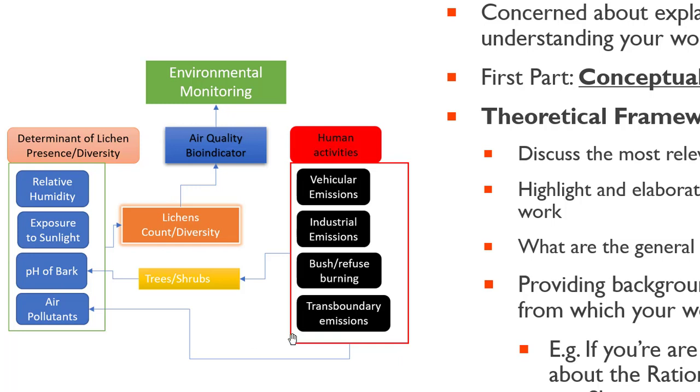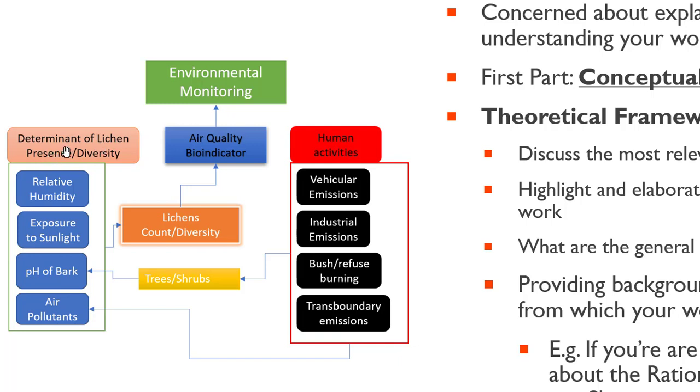So all of these impact how lichens can grow. Lichens are particular organisms that grow on the bark of trees and shrubs. So the relative humidity, how much water is in the atmosphere, in the air, exposure to sunlight, pH of the bark, and the amount of air pollutants, they affect the lichens.